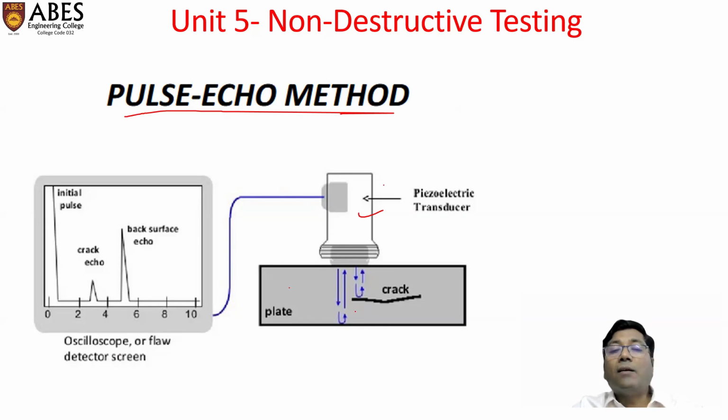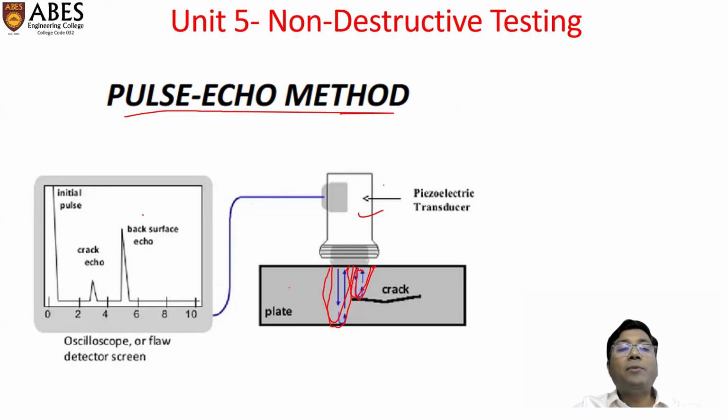If there is no crack, the pulse will go and return from the end point. And when there is a crack, it will go and return from the crack itself. So to travel this distance the elapsed time would be less. According to the time elapsed, we can say at how much distance the crack is.